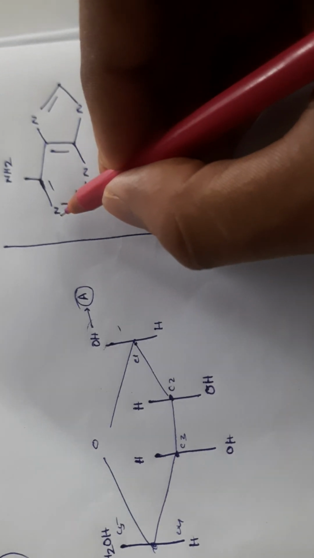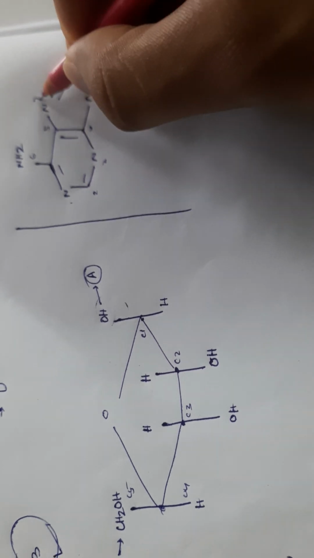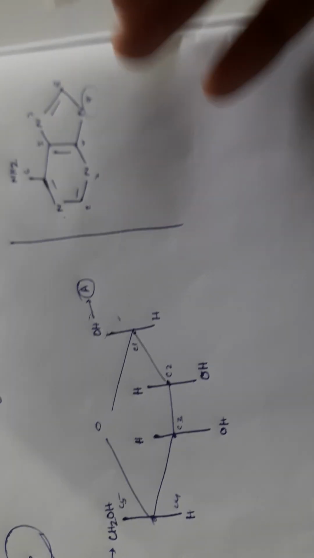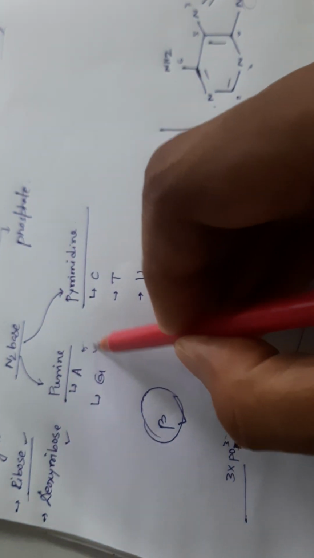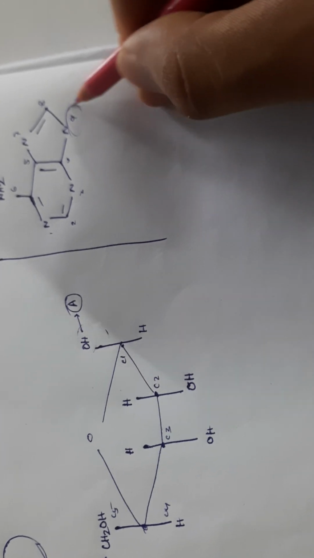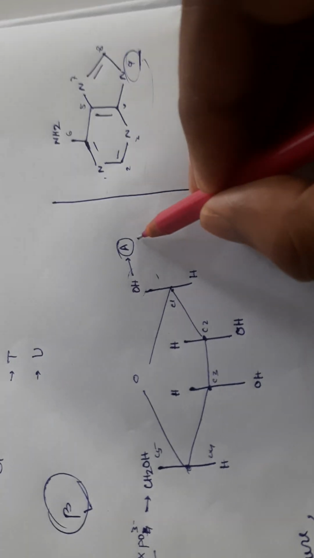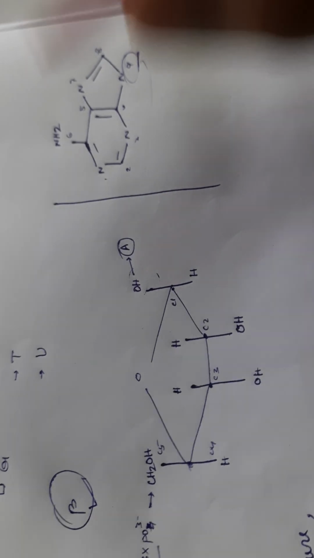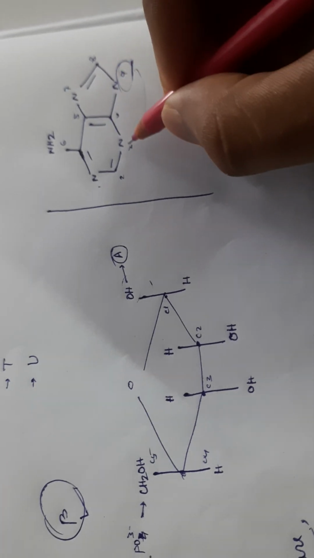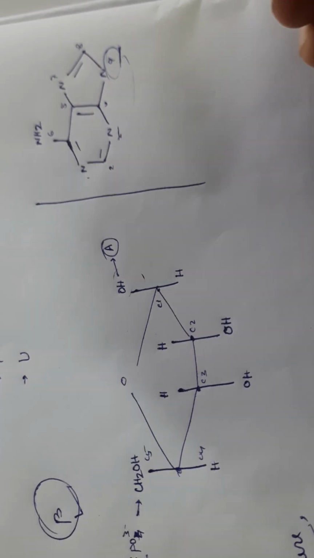The numbering begins from here: 1, 2, 3, 4, 5, 6, 7, 8, 9. In every purine, meaning adenine and guanine, the nitrogen at position 9 is the one that binds here. For pyrimidine the numbering is different, but at this position the pyrimidine groups bind here.